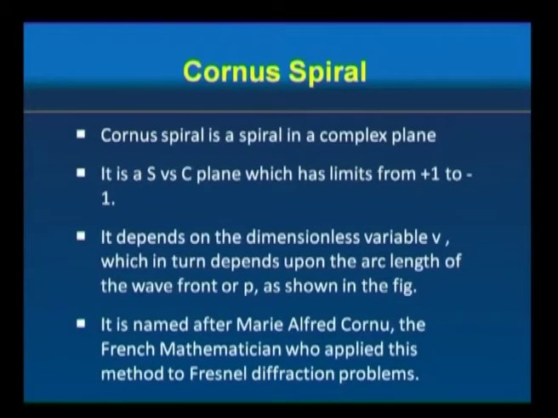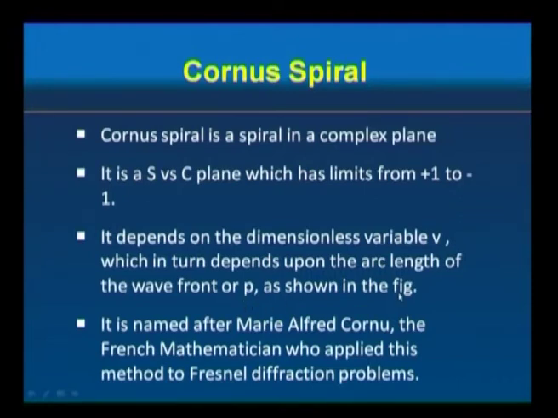The Cornu spiral, as I told you earlier, is a spiral in a complex plane. Again, as I told you earlier, the limits are +1 to -1 in both the x and y axes. It depends on the dimensionless variable v, which in turn depends on the arc length of the wavefront P as shown in the figure.